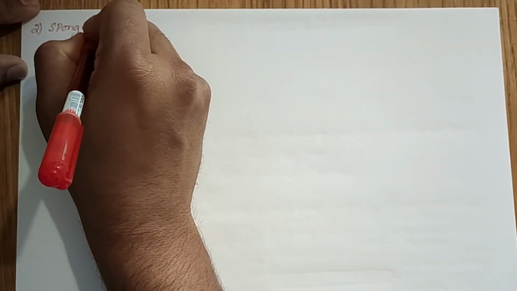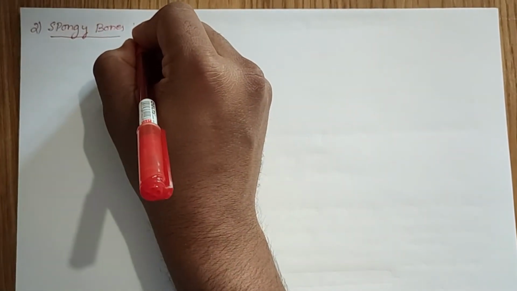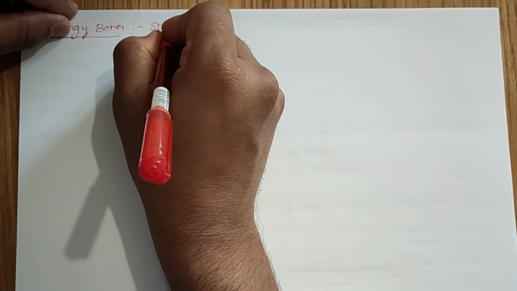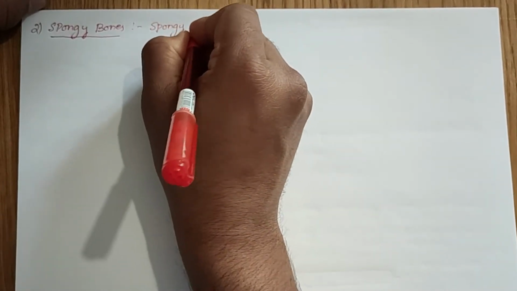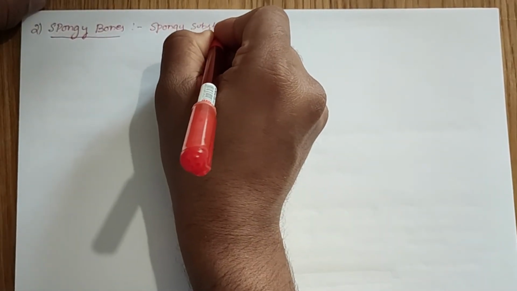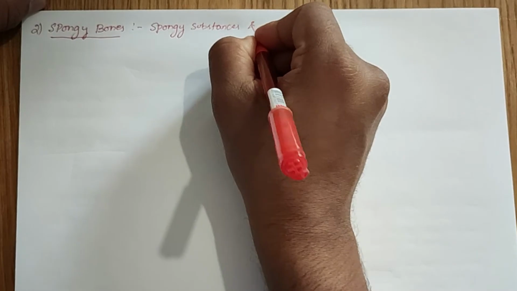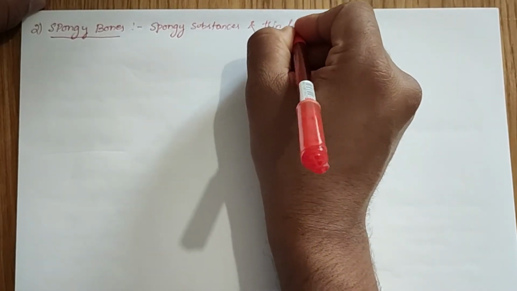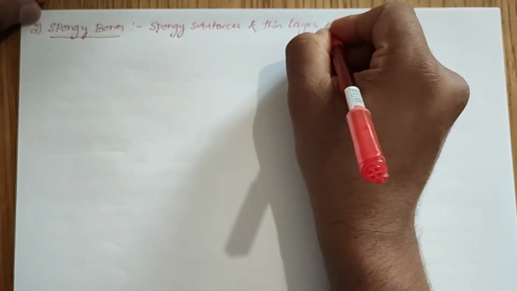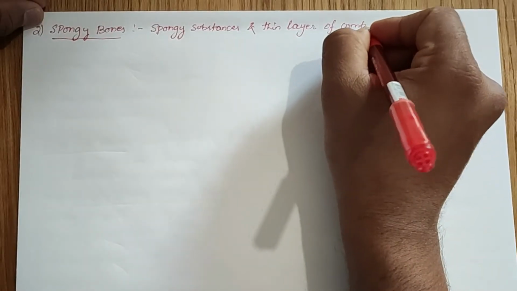Then next we are going to read about spongy bones. What are spongy bones? These mostly comprise spongy substance and a thin layer of compact substance.